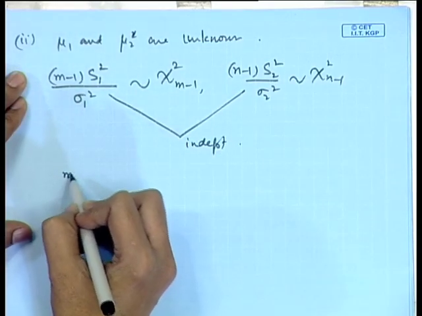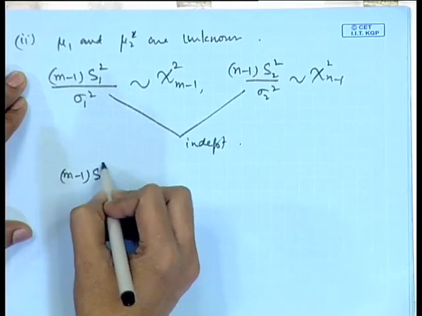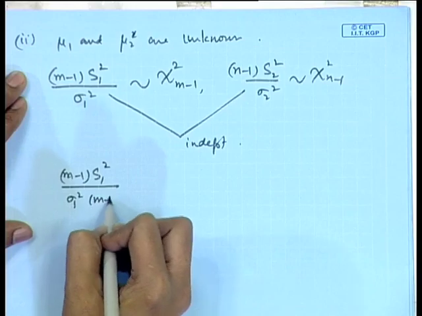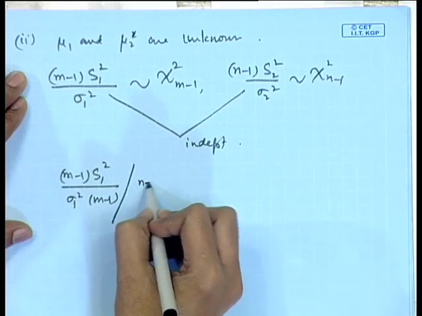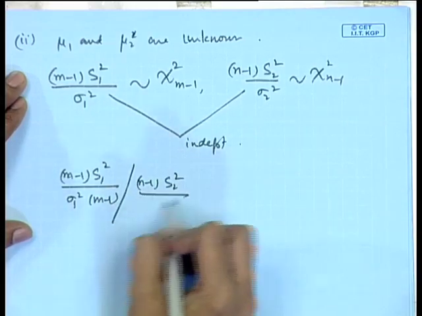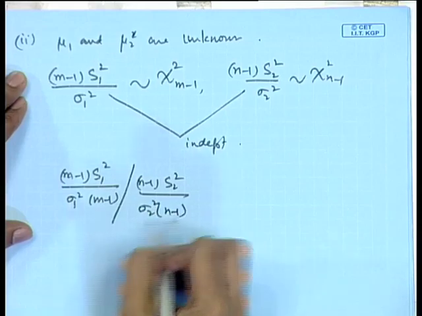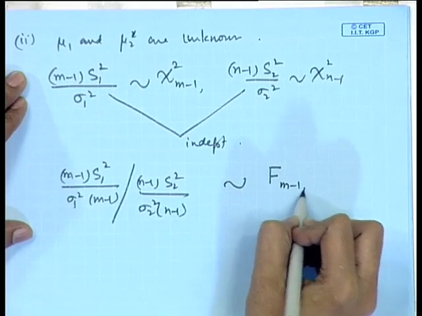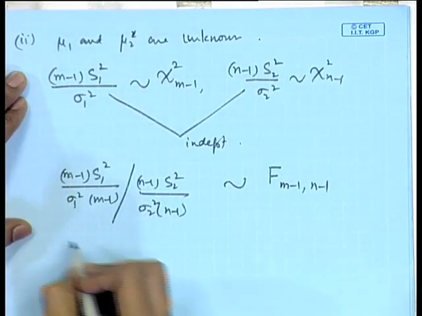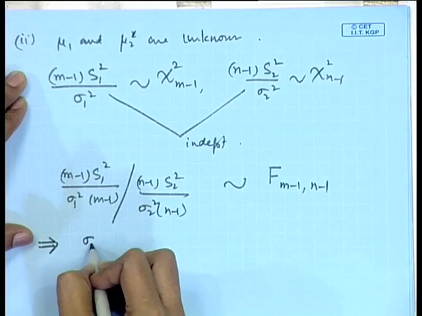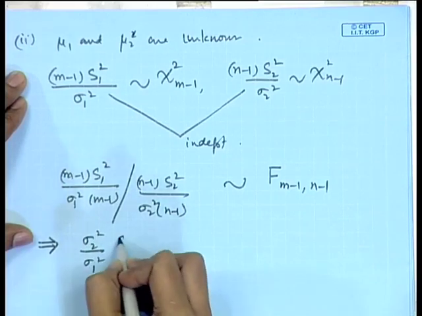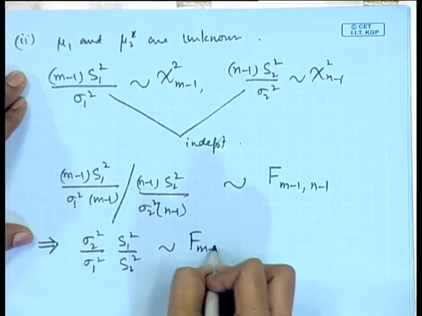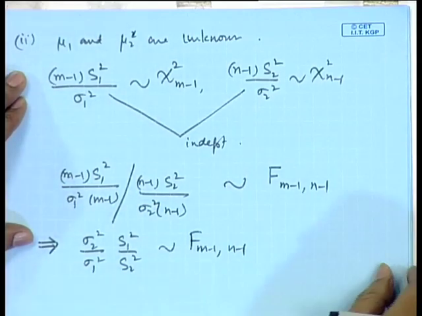So, we can make use of the ratio m minus 1 S 1 square by sigma 1 square divided by m minus 1 over n minus 1 S 2 square by sigma 2 square into n minus 1, that will follow f distribution on m minus 1, n minus 1 degrees of freedom, which is reducing to sigma 2 square by sigma 1 square S 1 square by S 2 square. This follows f distribution on m minus 1, n minus 1 degrees of freedom.